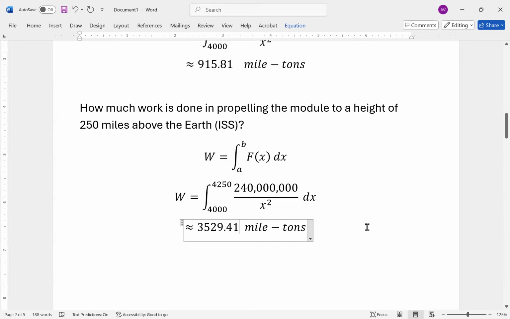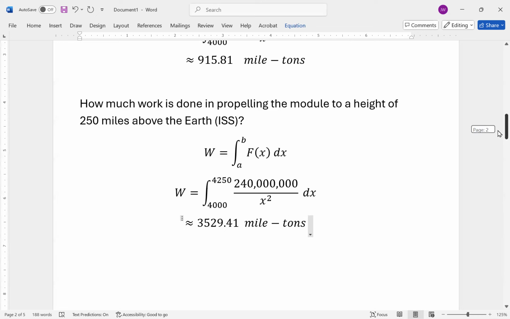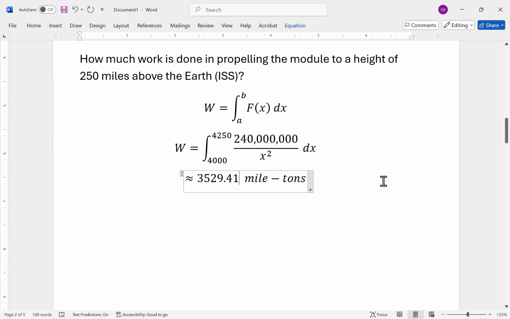Less work is done, even though the International Space Station is much, much closer to the Earth. It takes a lot more force to get off of the surface of the Earth because the Earth is that much bigger than the moon.